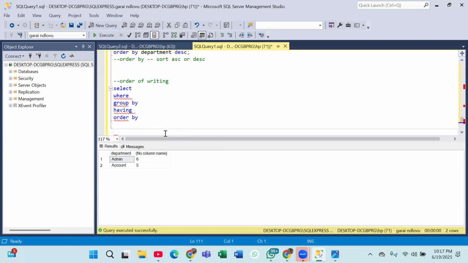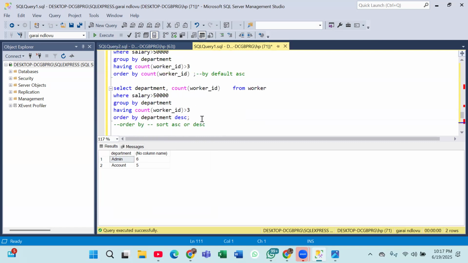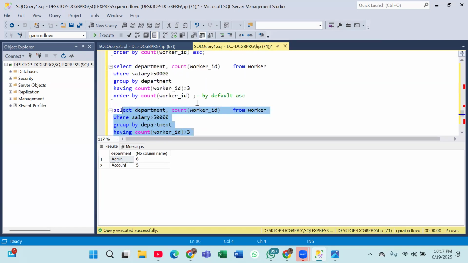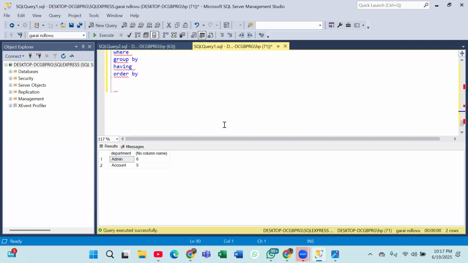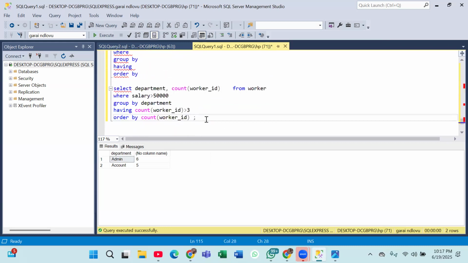Okay. Now we will talk about order of execution. Why is order of execution important? Let's talk about that first. I'm taking this query for that. Do you guys know what alias is?